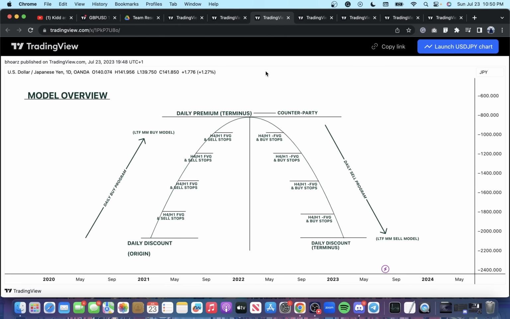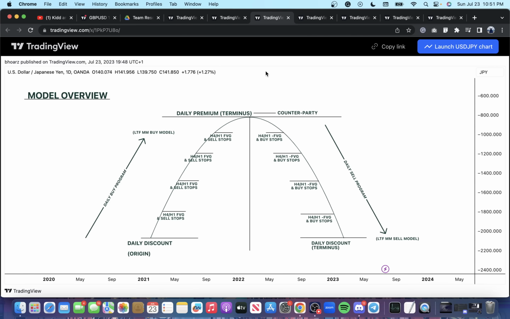So you want to view your daily analysis just like the fuel or the gas to your car. If there is no gas in your car, you cannot drive. So the car itself is your model checklist and everything you need to do with your model. The gas, which is what allows the car to actually function, is the daily order flow or the daily program. If you don't have an understanding of your daily program, your model is useless.